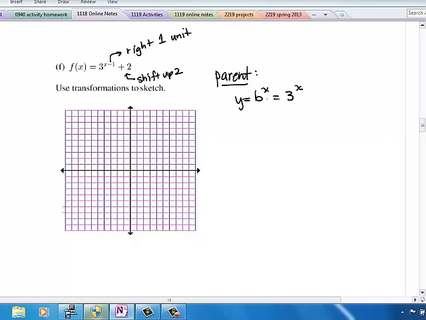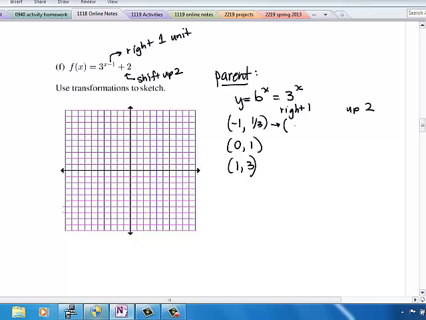All right. So y equals 3 to the x, our key points: (-1, 1/3), (0, 1), and (1, 3). And then our transformations, we want to go right 1 and up 2.